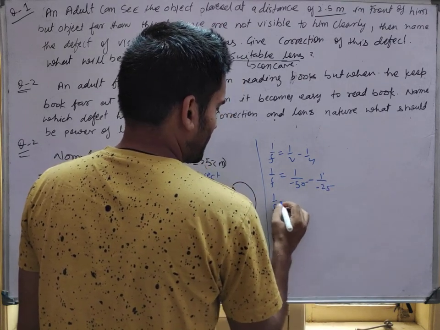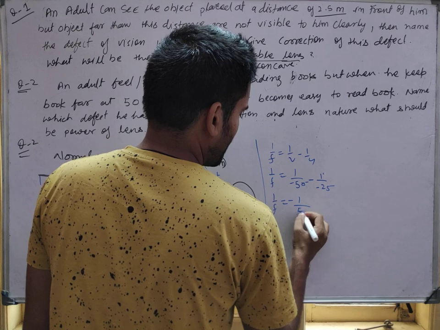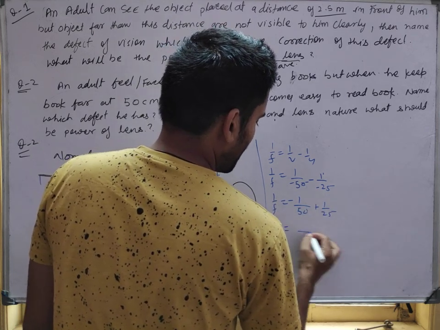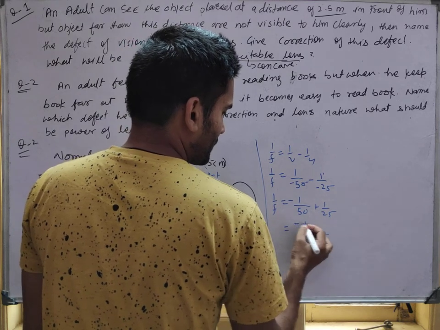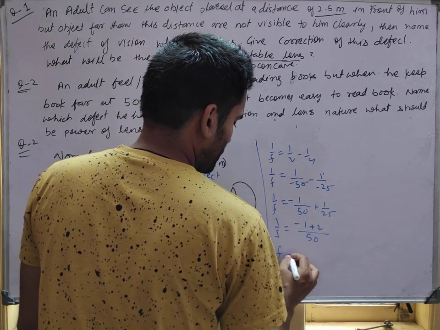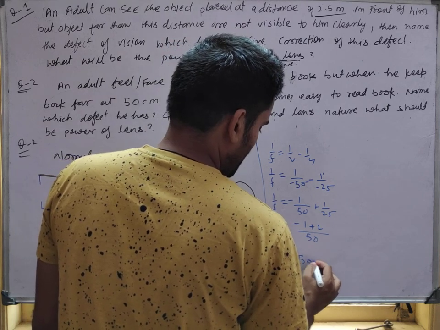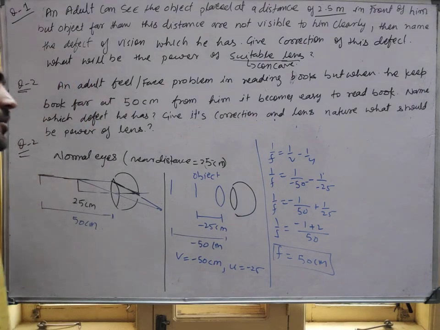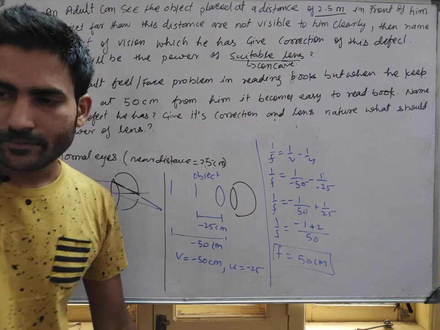So 1 upon f is equal to 1 upon minus 50 minus 1 upon minus 25, so 1 upon minus 50 plus 1 upon 25. The LCM will be 50. So minus 1 plus 2 over 50, which is 1 upon f. So f is equal to 50 centimeters. The focal length is positive, that is 50 centimeters.